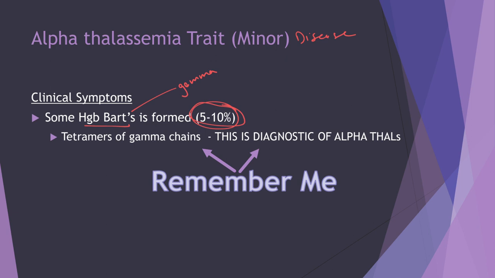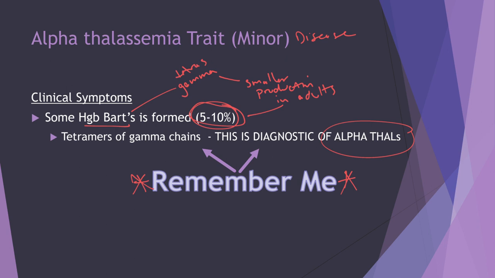And we know that as an adult, gamma has smaller production. So that's why we'd only have 5 to 10% of those tetramers of gamma, okay? However, if it's found in an adult, these tetramers are diagnostic of alpha thalassemia. And I think this would probably end up being on an exam.